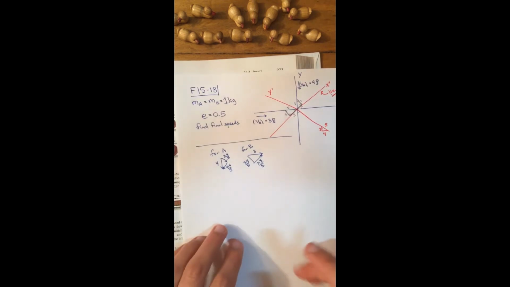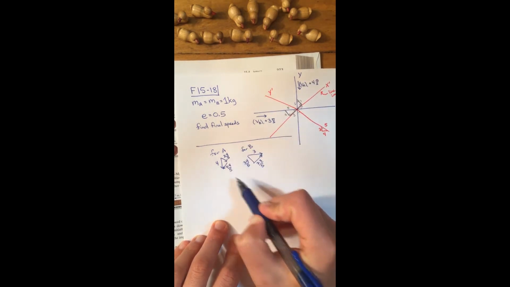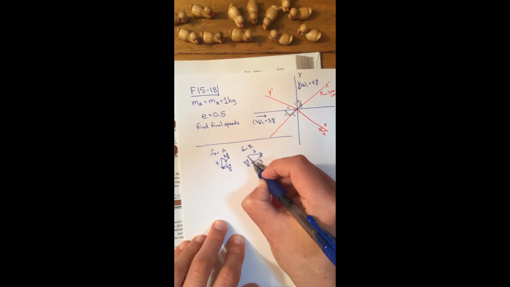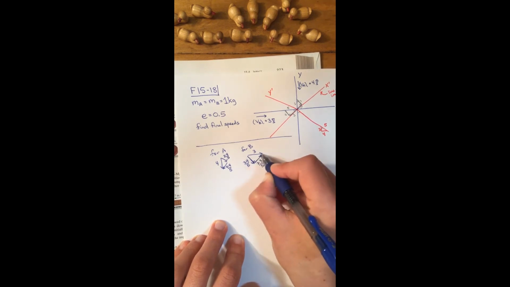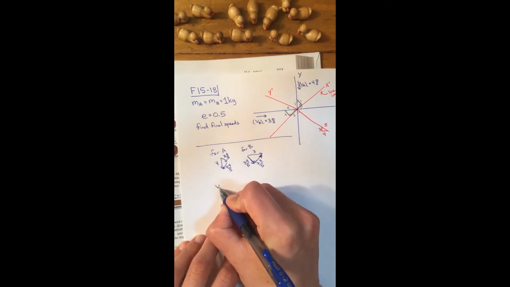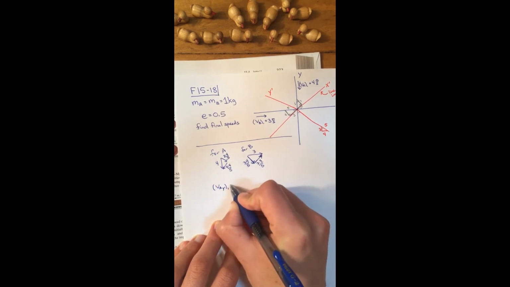So this is the positive y prime direction. So this is in the negative y prime direction, and this is also in the negative y prime direction. So I have to add this and this together to get my initial velocity. So VA y prime before the collision is the component that I have here.